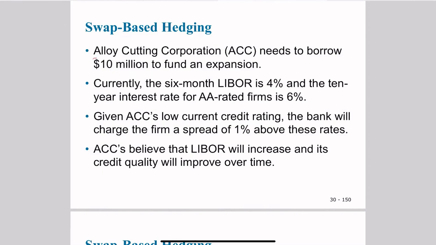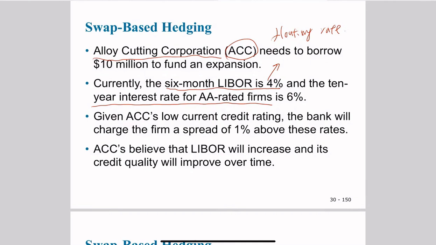So Alloy Cutting Corporation, ACC, needs to borrow $10 million to make some investments. Now let's say the 6-month LIBOR rate is 4% and the 10-year interest rate for AA-rated firms is 6%. So here this 4% is essentially the market rate or floating rate. You can imagine that this 6-month LIBOR rate changes, let's say every 6 months, right?